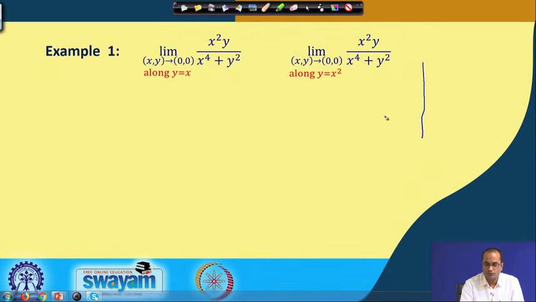So, we have chosen two different paths to approach this origin: one, the straight line y equals x, and the second, the path y equals x squared. So, what will be the limit of this function as we approach the (0, 0) point along these two different paths?